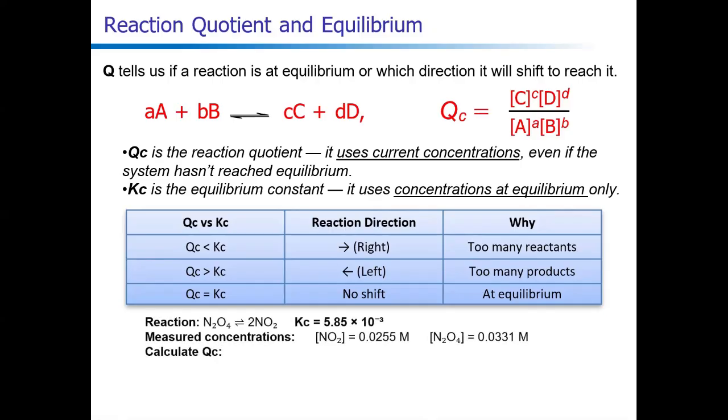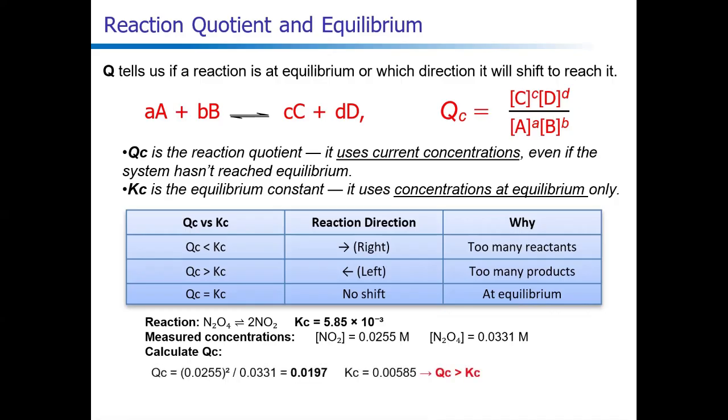Let's again look at this example, where N2O4 is reversibly forming NO2. We're told that the Kc is equal to 5.85 multiplied by 10 to the negative 3. And the measured concentrations are 0.0225 molar of nitrogen dioxide and 0.331 molar of dinitrogen tetraoxide.